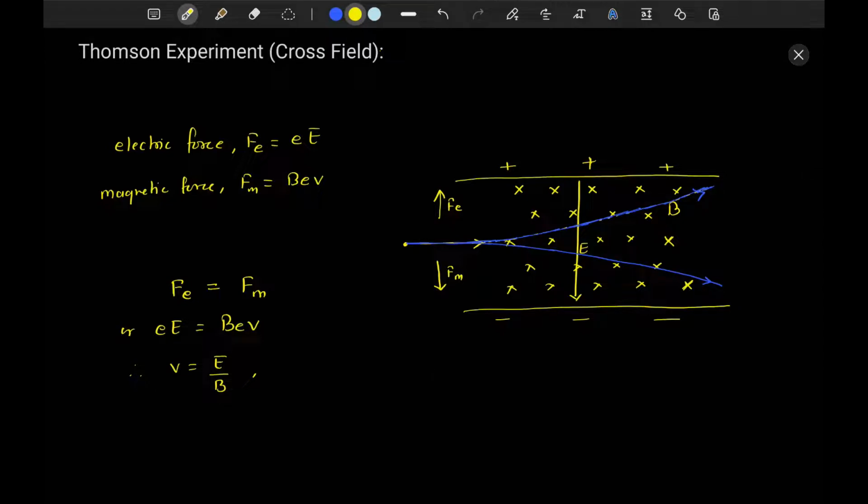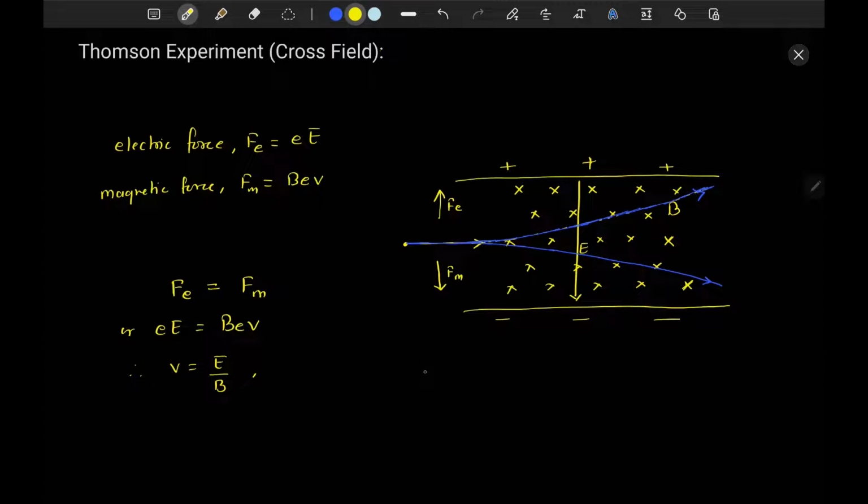Now in Thomson's experiment, the electron which enters the cross field is provided kinetic energy due to application of some potential.